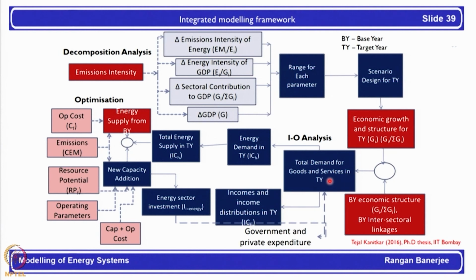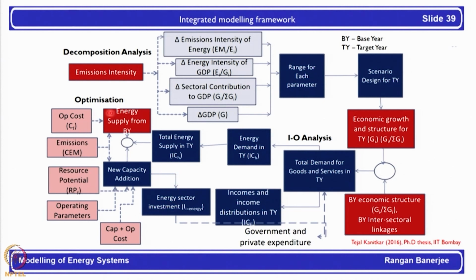We also built a detailed model for the power sector, with the kind of investments required. For this requirement, we estimated the demand for electricity, then saw what kind of new capacities have to be added.